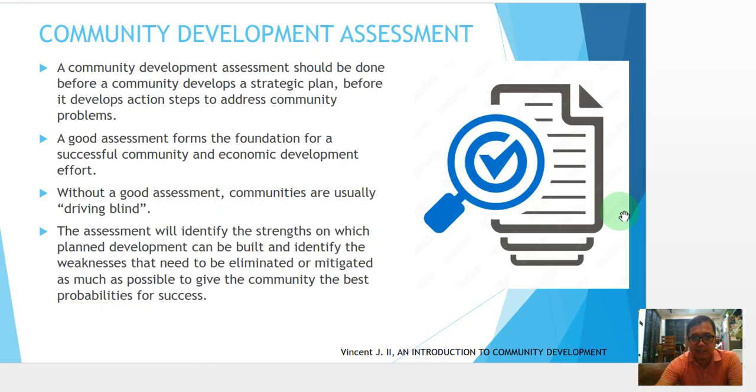So this is the process, class. I think we already did this. You're familiar with this one, but ours is a much more practical approach to community planning development. A community development assessment should be done before a community develops a strategic plan, before it develops action steps to address the community problems.